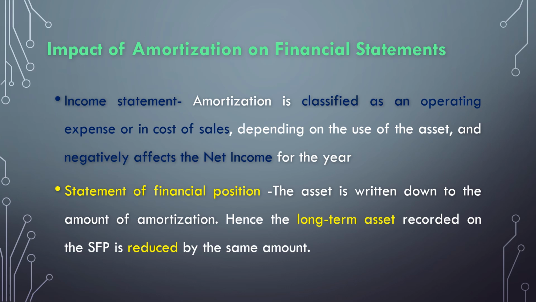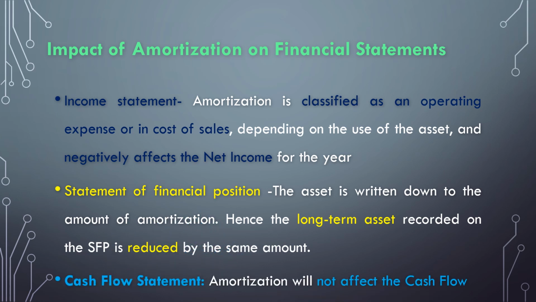Hence, the value of long-term assets recorded in the statement of financial position is reduced by the same amount. However, in the cash flow statement, amortization does not have any impact. Therefore, amortization will not affect the cash flow.